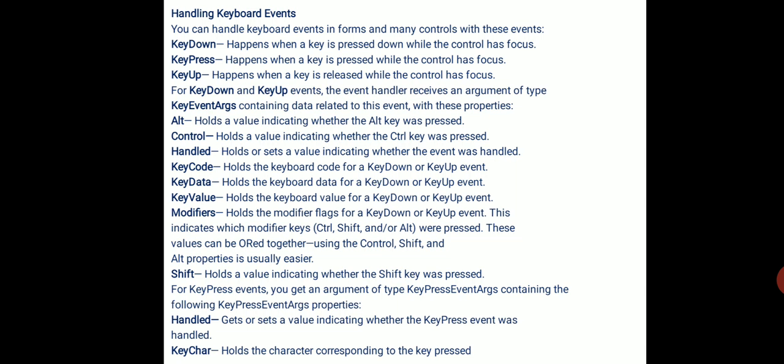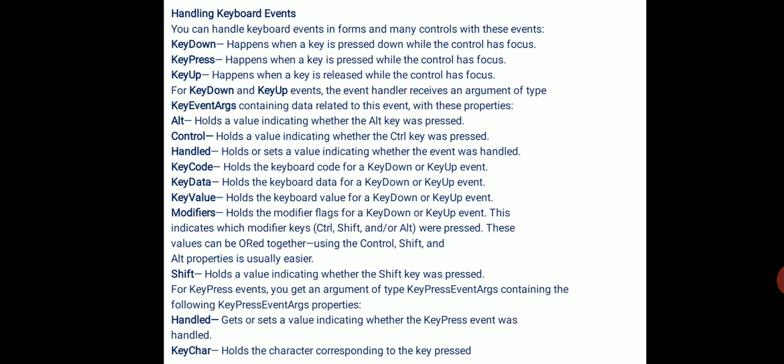For key down and key up events, the event handler receives an argument of type KeyEventArgs containing data related to this event. The properties of KeyEventArgs of key down and key up events. First one is Alt, holds a value indicating whether the Alt key is pressed.